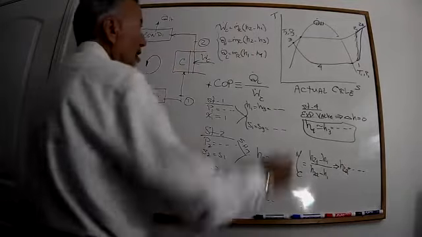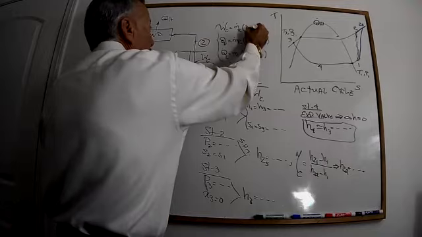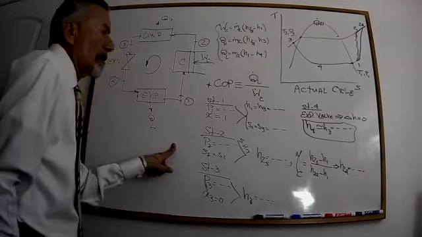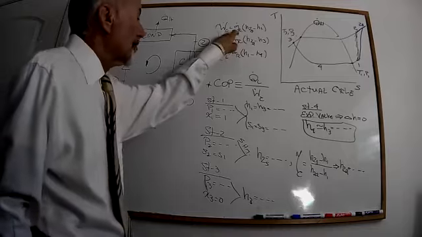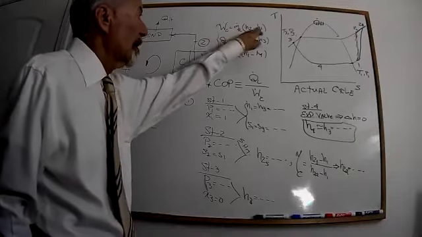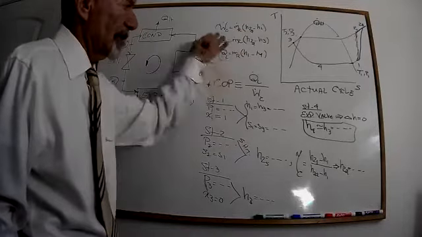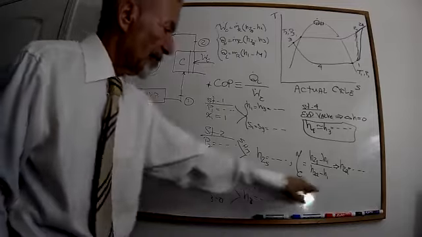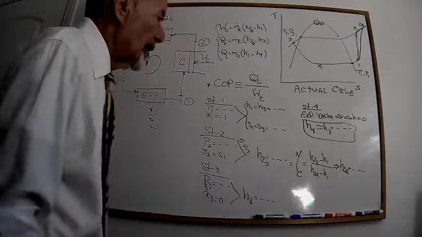Once you find it, in your calculation, you need to include those. Whatever you have for work of the compressor becomes H2A minus H1, not regular H2. You cannot use the H2S value. You have to use the actual value.